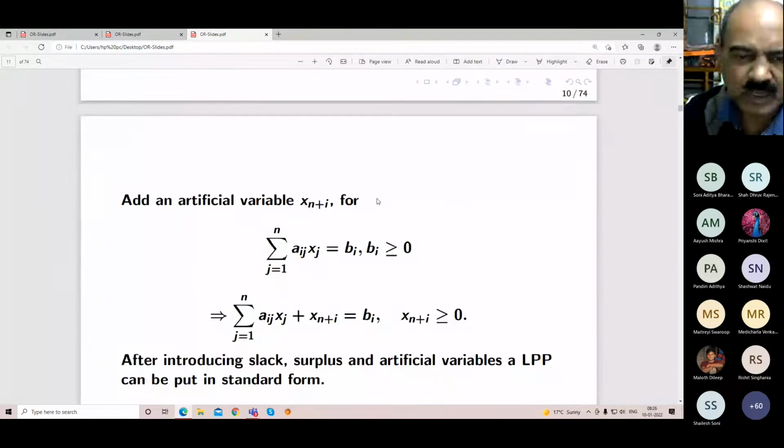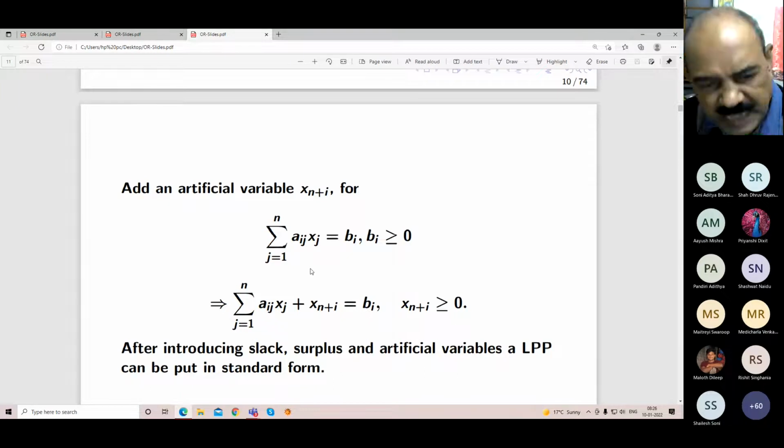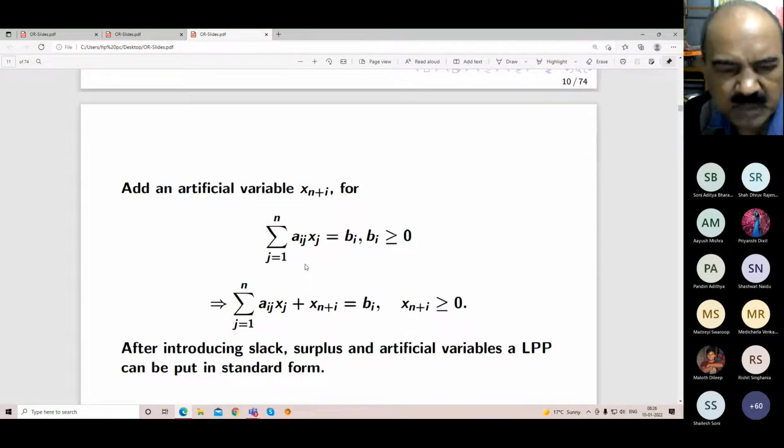Further, if we have constants of equation type, there is no need of adding anything. But if this is there in a linear programming problem, we have to add an artificial variable.